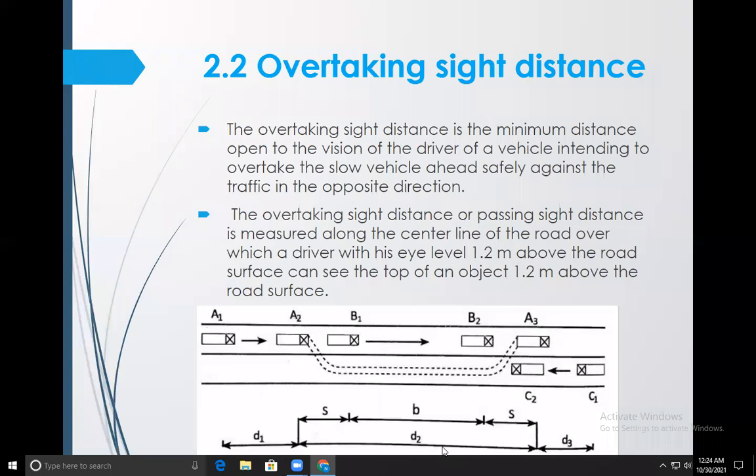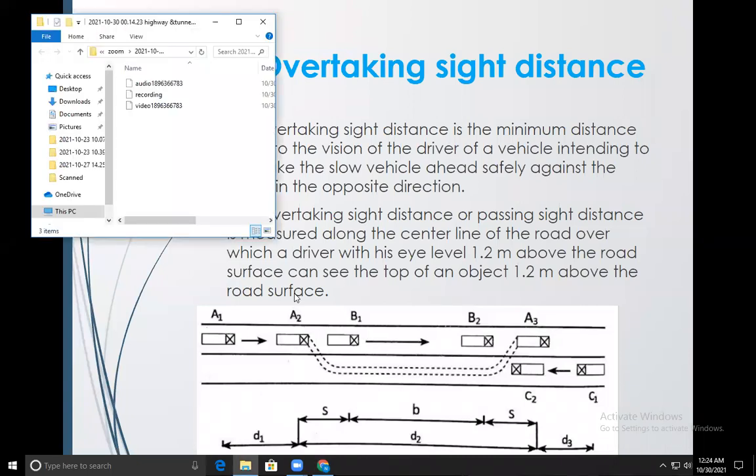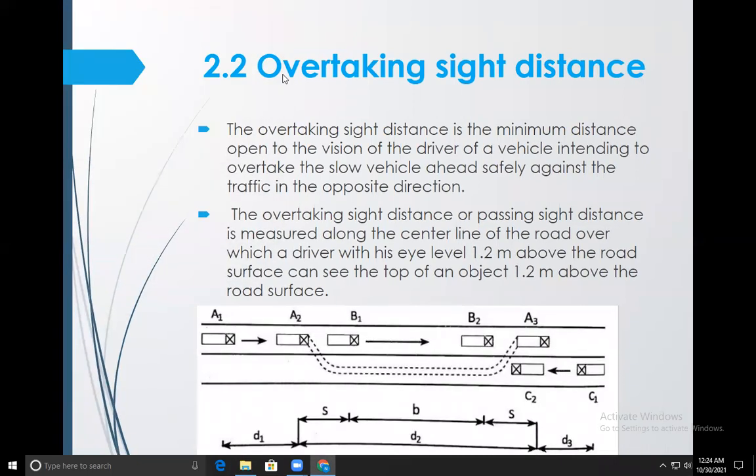D2 is the distance traveled by vehicle A during the total period of overtaking, from the instant when he starts overtaking to the instant when he overtakes the vehicle B. And D3 is the distance traveled by vehicle C during this overtaking period.